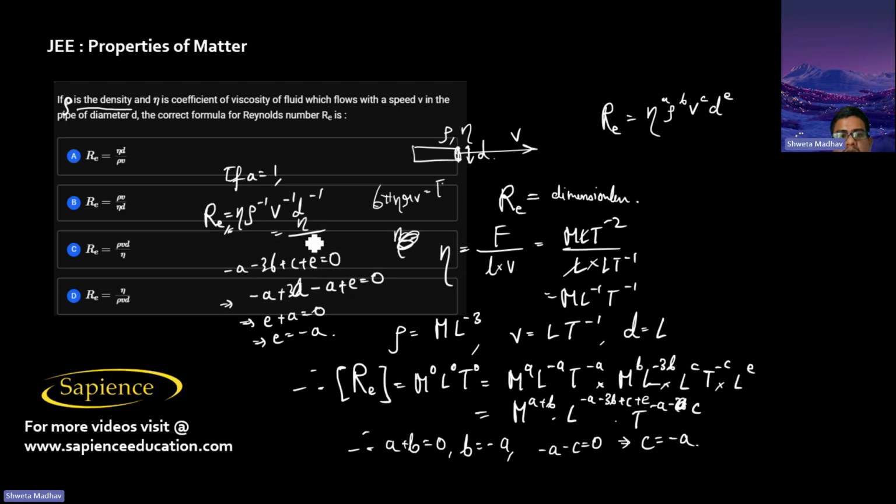So this will be eta by rho Vd. And if we take a as minus 1, then Re will be rho Vd by eta, if a is minus 1.